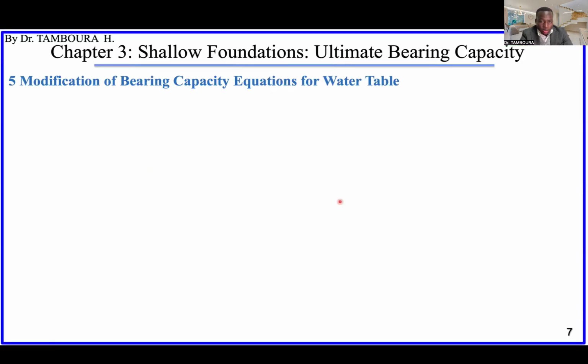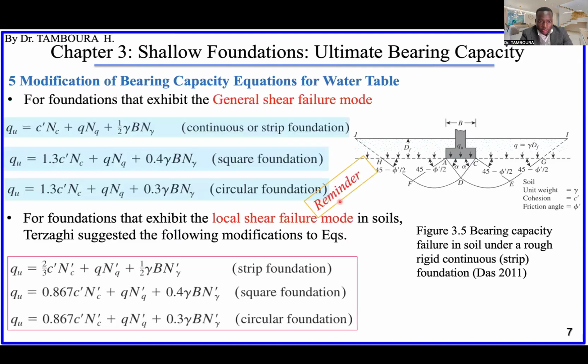As I said last time, this is just a reminder. In case of general shear failure happening in the ground, we have these 3 bearing capacity formulas: this one for the continuous or strip foundation, this one for square foundation, and this one for circular foundation. In case of local shear failure, these are the 3 bearing capacity equations we have.